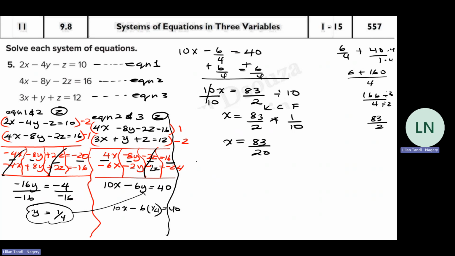Then now we need to find z. I'm going to use the first equation to find z.